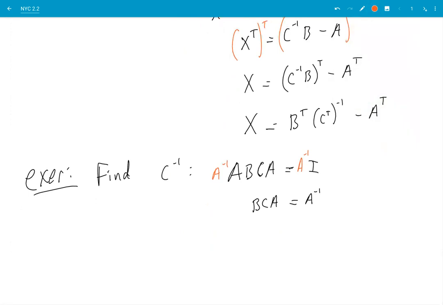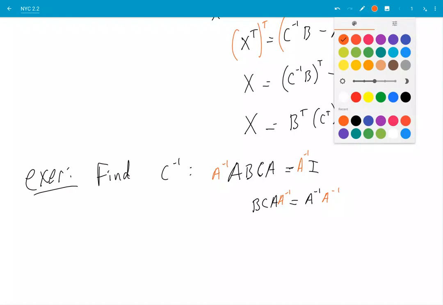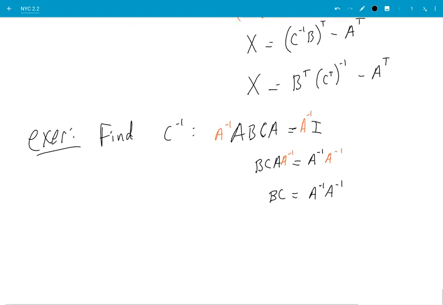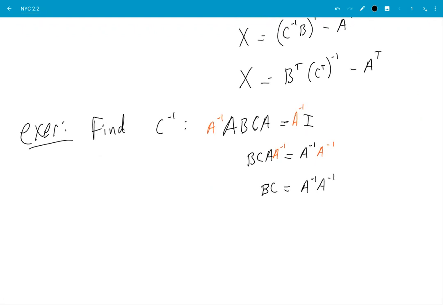So then I would do another A inverse here, A inverse here, giving me B C is equal to A inverse, A inverse. Suppose you could do A inverse squared there, but I'm not going to do that. It's a little bit confusing.